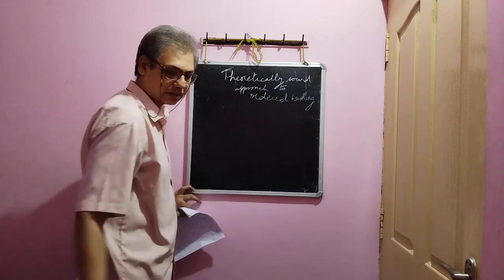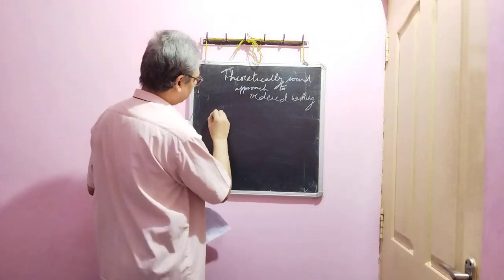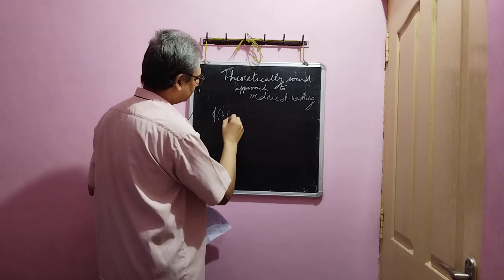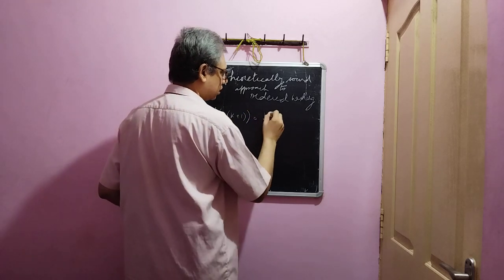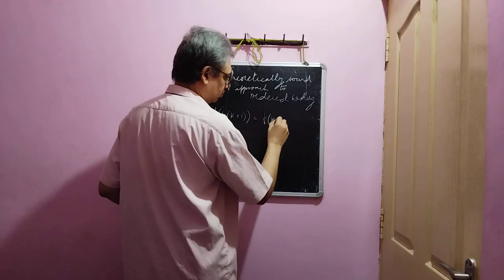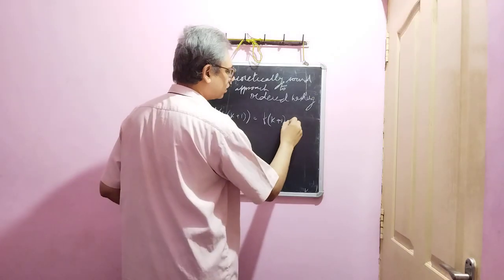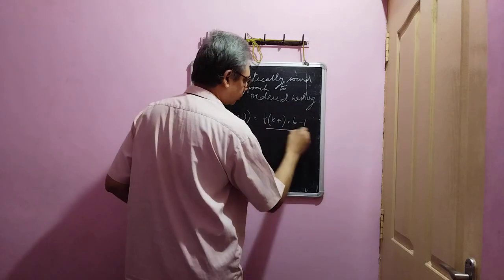Likewise, we can define f of b times k plus 1 will be equal to f of k plus 1 plus b minus 1 by b.